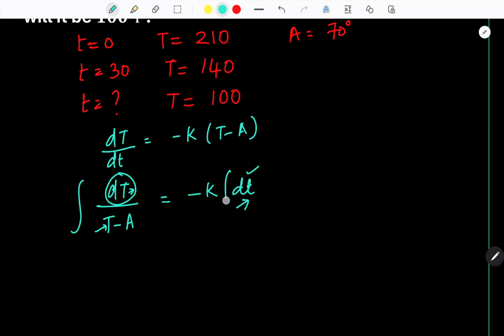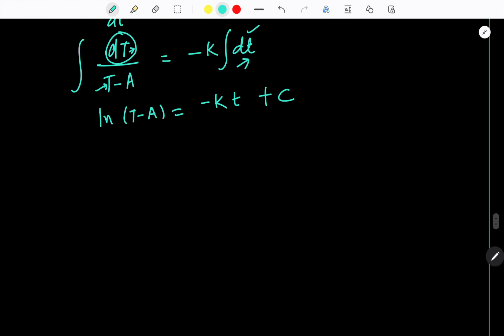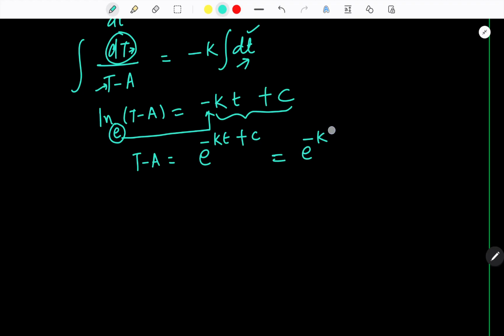So ln of T minus A is equal to minus kt plus the integrating constant c. ln has the base e, so pick and tick rule: T minus A equals e power minus kt plus c, which is e power minus kt times e power c, which is equal to C e power minus kt.